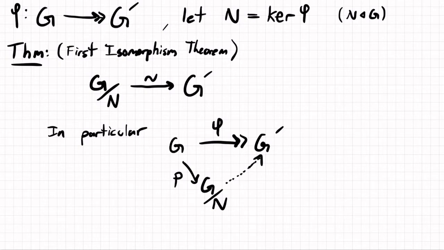So let's call this map psi, this Greek letter psi right here. And the theorem is going to say that phi equals psi composed with p, or as I like to read this, psi after p.